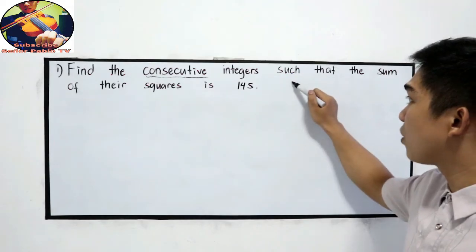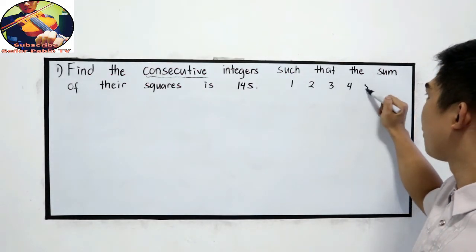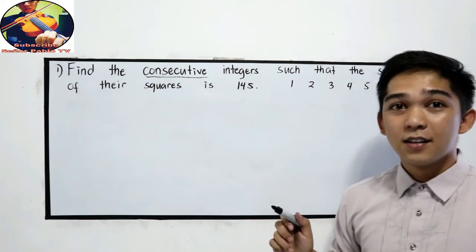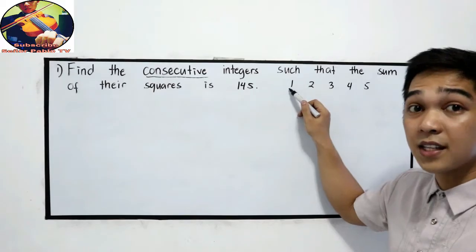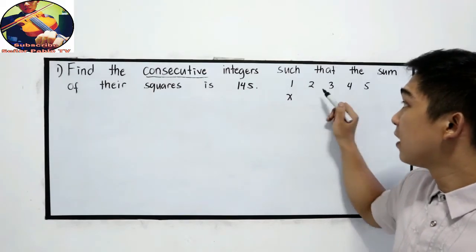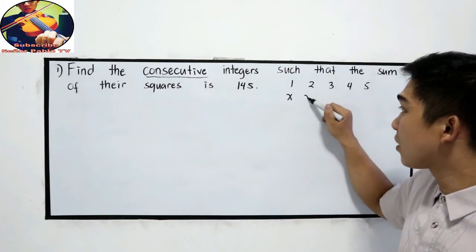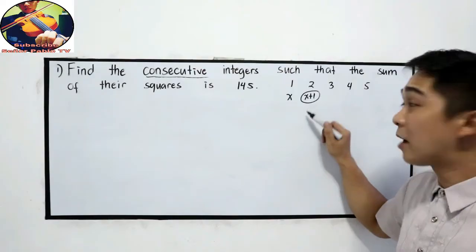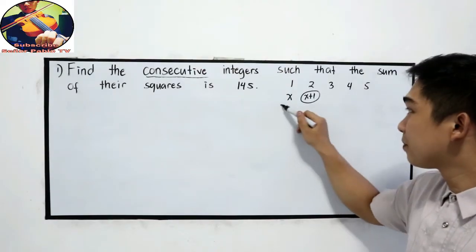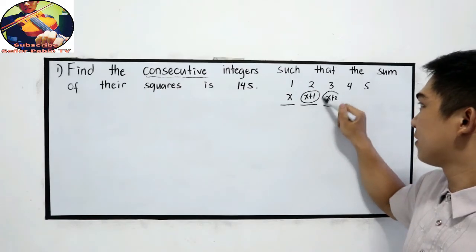Let's say meron tayong 1, 2, 3, 4, 5. Nire-represent natin yan. Let's say, ang first number natin, first integer natin ay x. Para makuha yung ikalawa, nag-add tayo ng isa. So, x plus 1. Para naman makuha yung ikatlo, nag-add tayo ng dalawa.